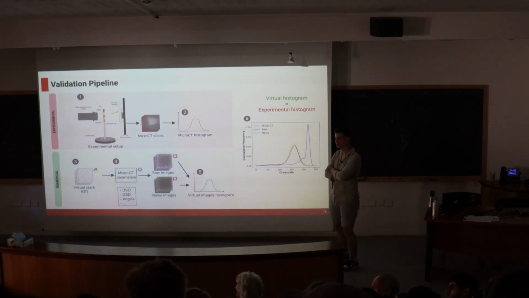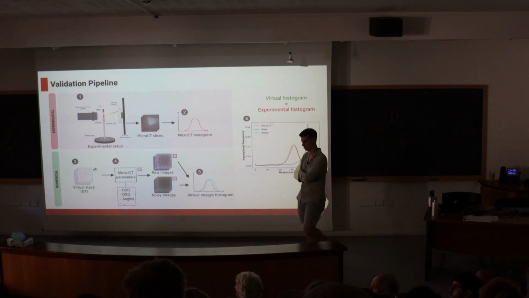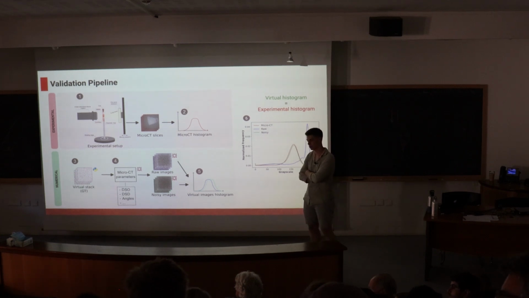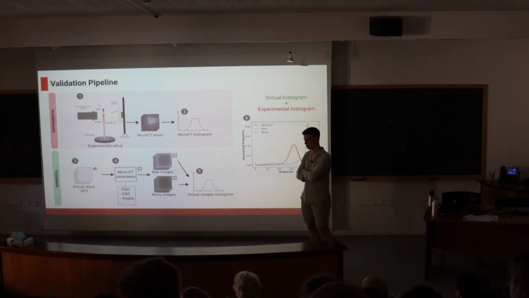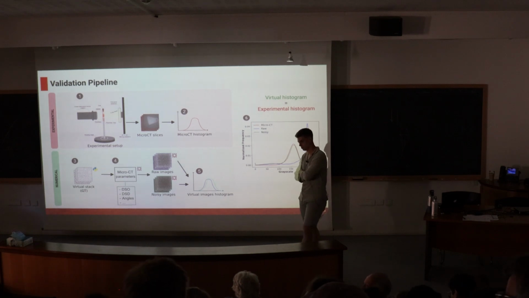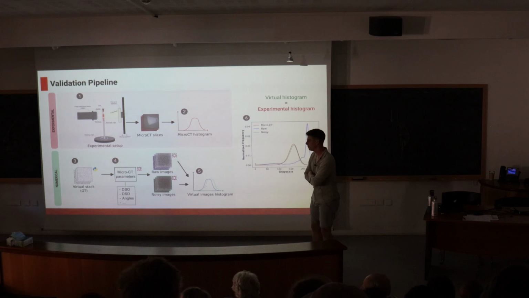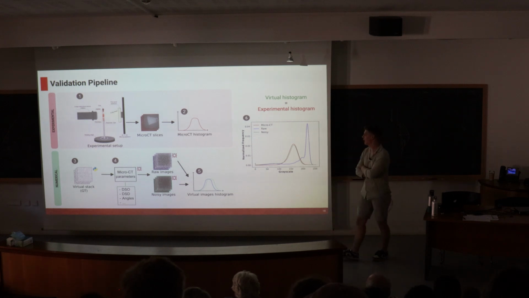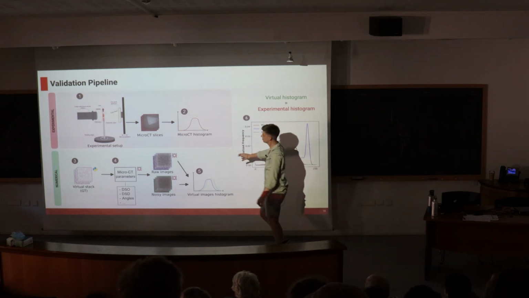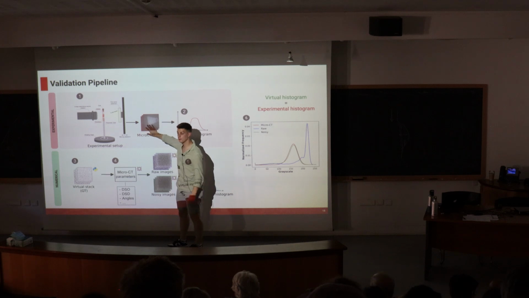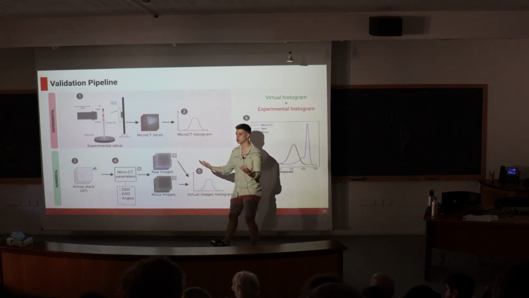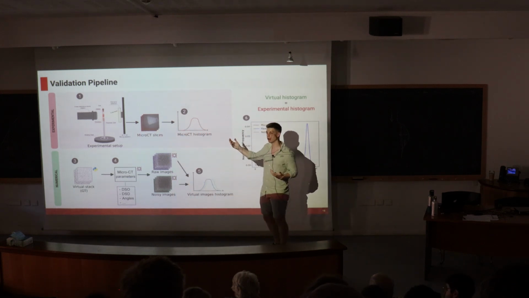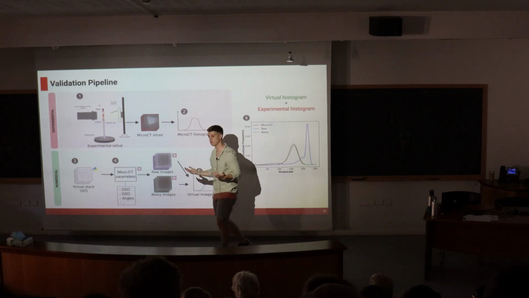I'm quite curious why you are looking at improving the segmentation and not the reconstruction. Because from what you showed, you are just using FDK, like a back projection. What are you looking at? I mean, after the acquisition, I have these images, okay? And in order to have quantitative data, I have to perform segmentation, okay?